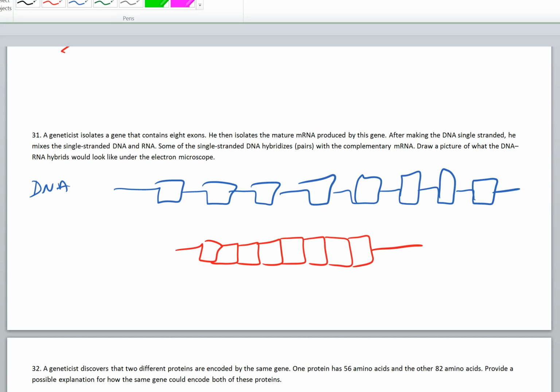If we hybridize this together, what hybridize means is we're going to stick the two things together, and wherever there's a match, it's going to stick together. But if there's not a match, if there's an intron, it's not going to have a corresponding region in the RNA to stick to, and so that will loop out. So what you'll end up with is the RNA and then the exon part of the DNA sticking to it, and then the intron part of the DNA looping out.